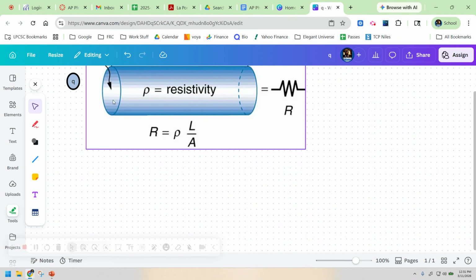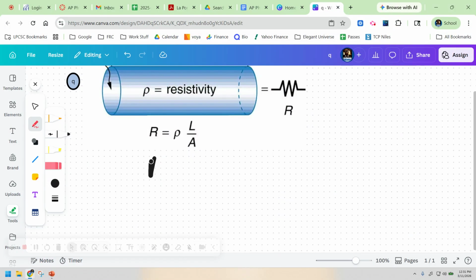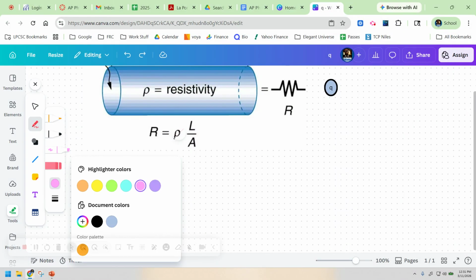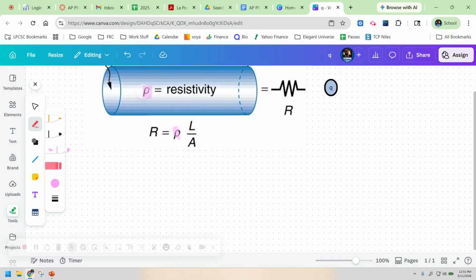We're saying that resistance, capital R, is a mathematical relationship where rho, this is the Greek letter rho, is a thing that we measure called resistivity, okay? L is just the length of the cylinder, and A is just the cross-sectional area.